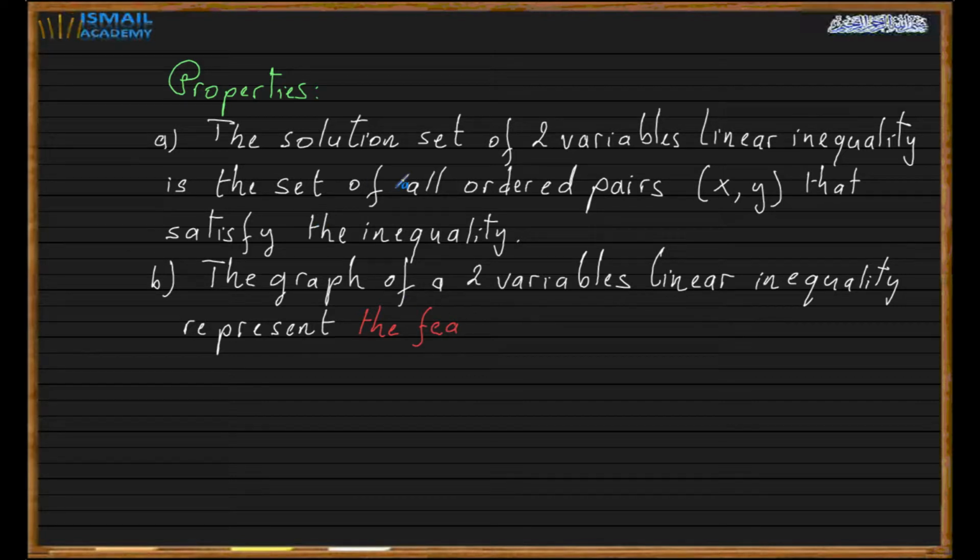Which means the set of all pairs that you are going to find out from the graph is the set of feasible solutions. Feasible solution means the pairs that work for the two variable linear inequality.